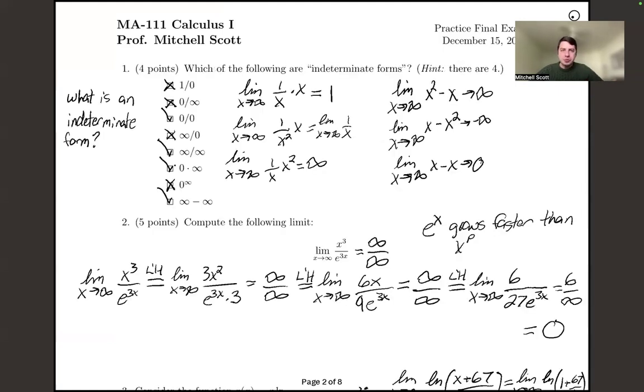Yes, so what I was talking about at the very beginning, right? Everything that's check marked, so I'll make it even clearer, are indeterminate forms. So if this was plus or minus infinity, and if this was plus or minus infinity, all of those are considered the same class of indeterminate form.